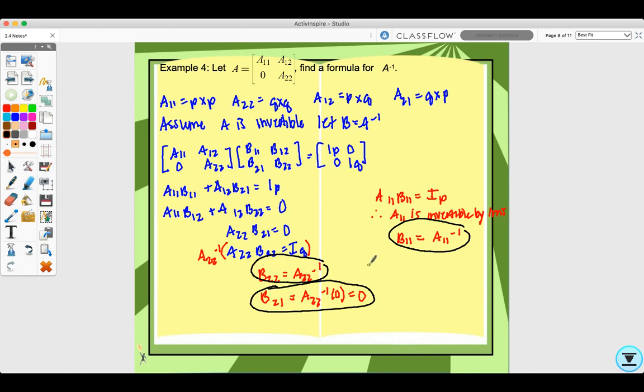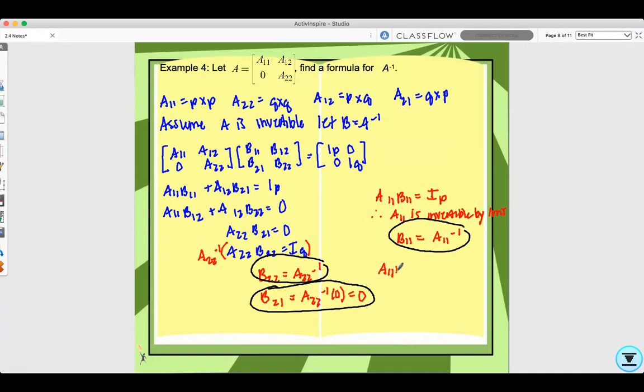So the last one I need to find is B12, and B12 is in this one here. So I would go ahead and solve for B12. For that last one, I have A11 B12 plus A12 A22 inverse would equal 0.